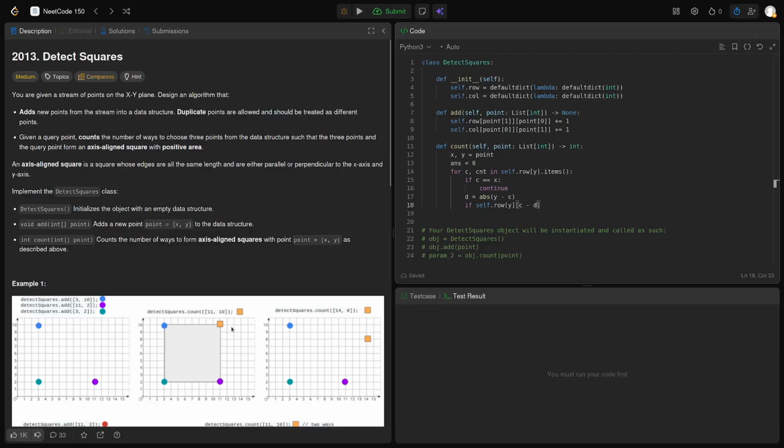Because, no, this should be, because I have C here, right? Because that's the column, that's the point in, and then y minus d, right?